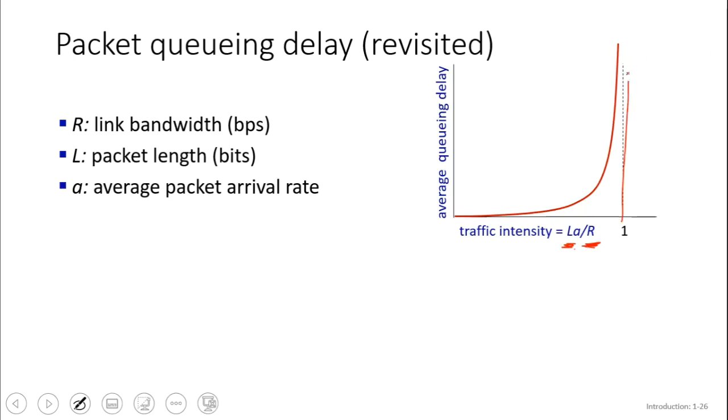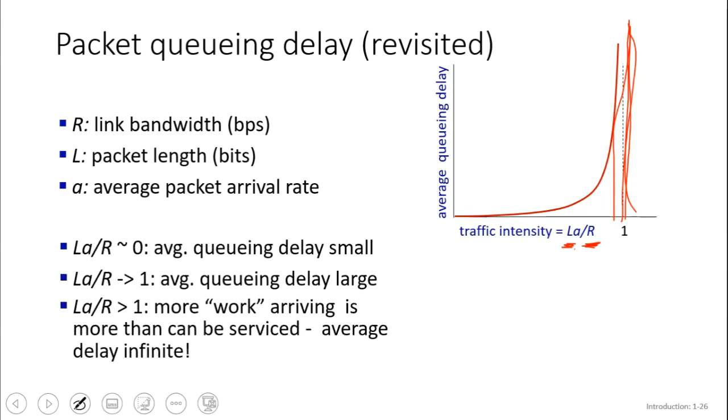It's like in mathematics, if you saw limits, this one goes to infinity. When the length of the packet in bits is way smaller than the transmission rate, then the queuing time is very small.